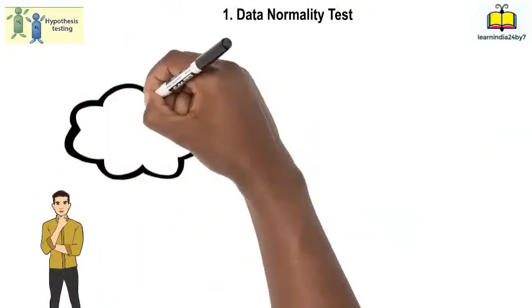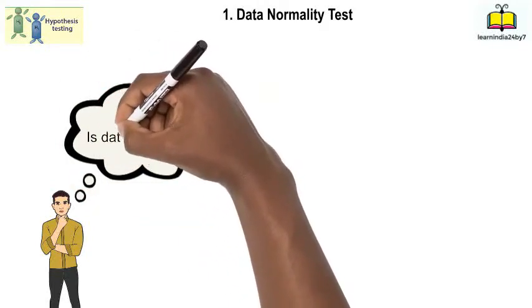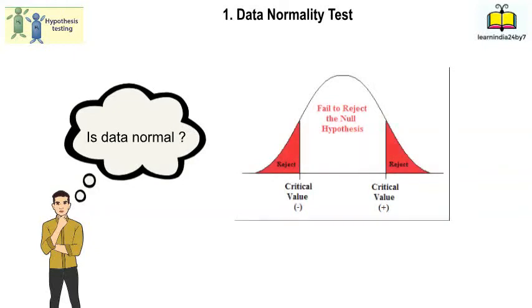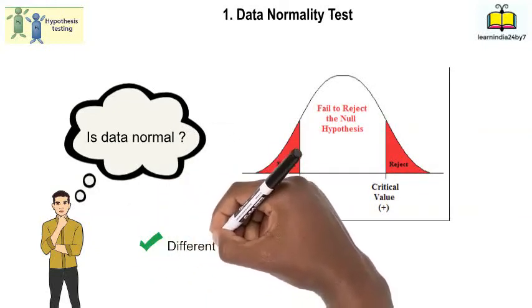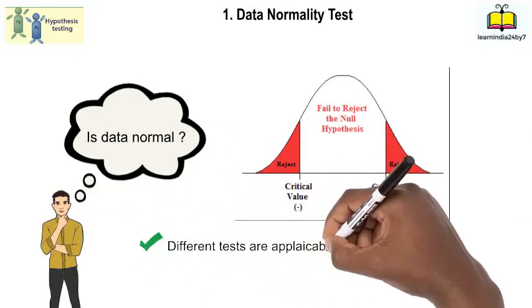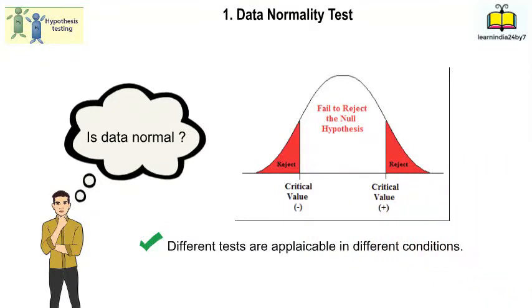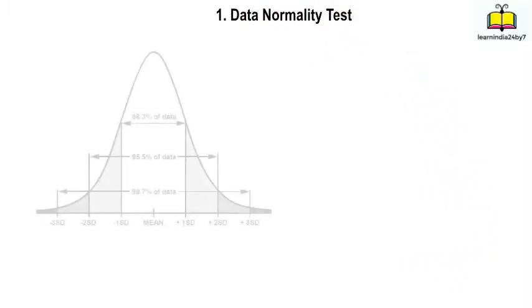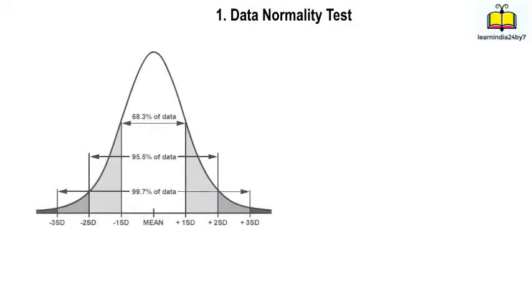In the case of hypothesis testing, belts must know whether data is normal or not, as different tests are applicable in case of different circumstances. So, the first step is to determine data normality.